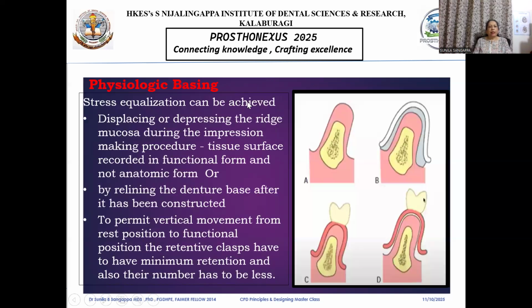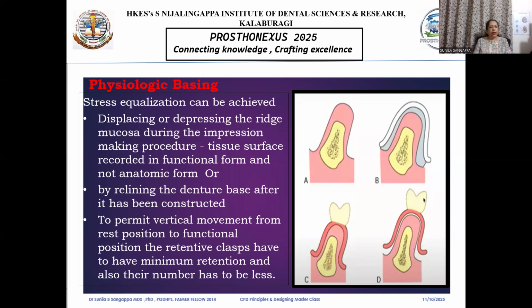The next philosophy is the physiological basing. So this believes in stress equalization, how? By displacing or depressing the ridge mucosa during the impression making procedure. So here we have a mucocompressive impression such that the tissue surface is recorded in the functional form and not in the anatomic form.